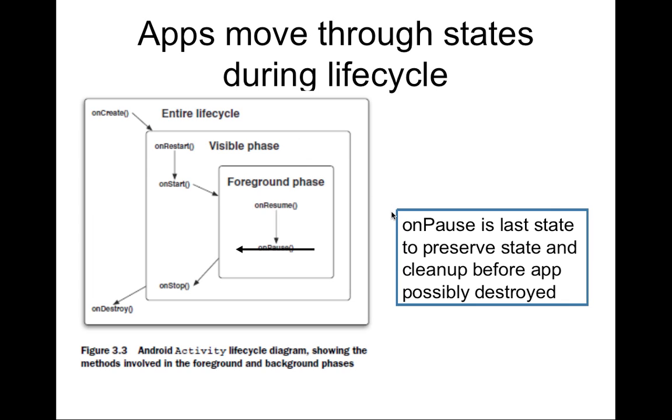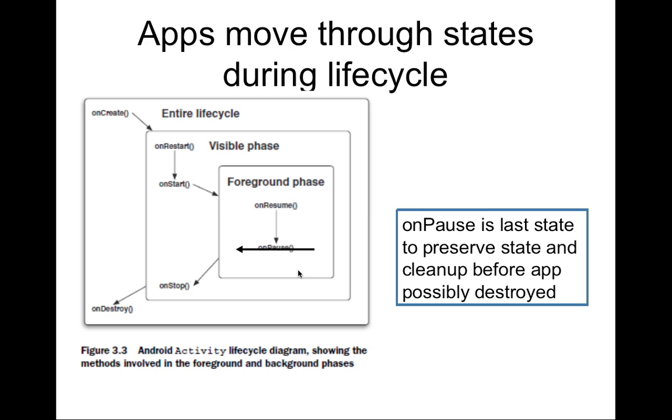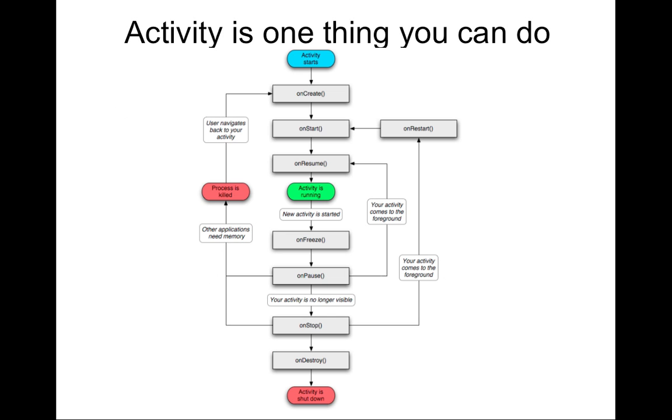So onPause is the last state to preserve state and clean up after the app is possibly destroyed or whatever happens. So the Android activity lifecycle diagram shows the methods here. This activity involves the foreground and the background processes and everything associated with it, which is how we can get foreground and background out of it. We're just changing the state of the activity.